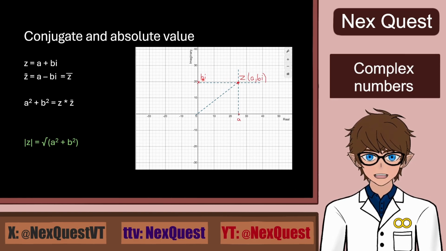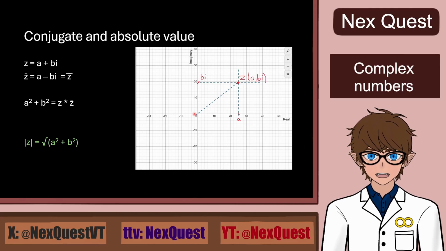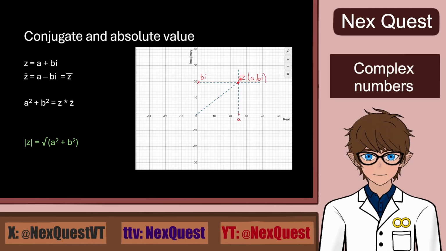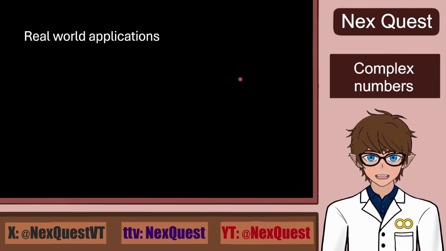And then we decided that if a squared plus b squared equals c squared, so the distance between this and this, then c squared is basically the square of the distance between the origin and the point. Hopefully this makes sense before we move on to real-world applications.